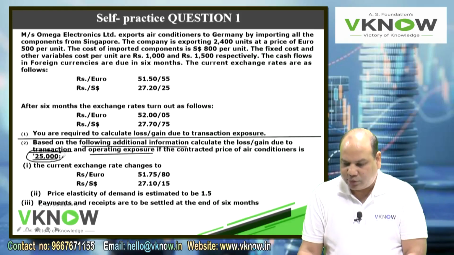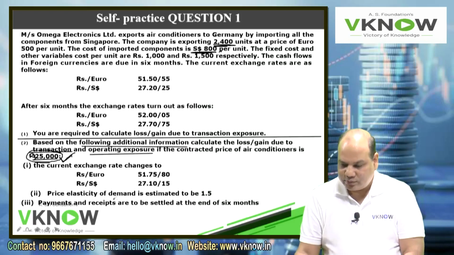The customer will pay you 25,000 rupees per unit into 2,400 units. When you receive the payment in rupees, there is no exchange risk involved. But what about the import? The import is still denominated in Singapore dollar, and therefore whenever you make the payment, this risk is there.